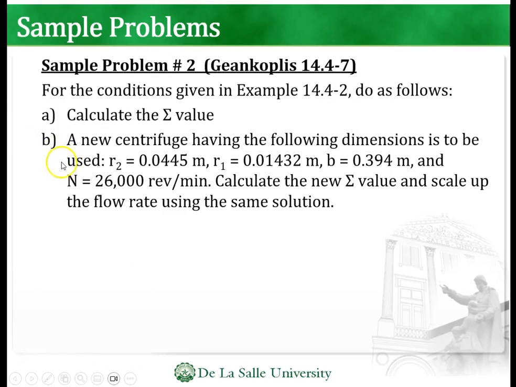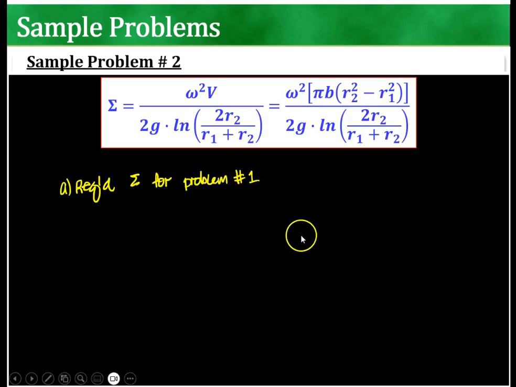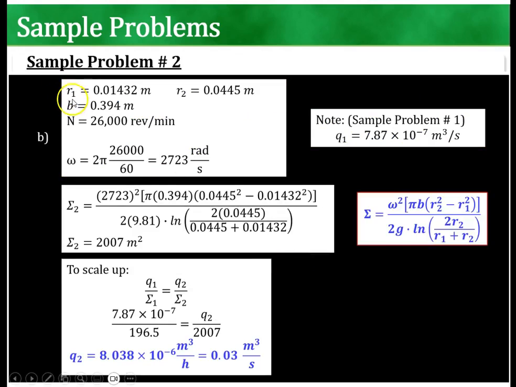For letter B, you're asked, for a new centrifuge having the following dimensions, to calculate the new sigma and what would be the new flow rate. Given the following information, I already wrote them here: R1, R2, B, and the new number of revolutions. Here I calculated first the omega, which has to be in rad per second. And do take note that the earlier answer that we had for Q1 is 7.87 times 10 to the negative 7 cubic meters per second.